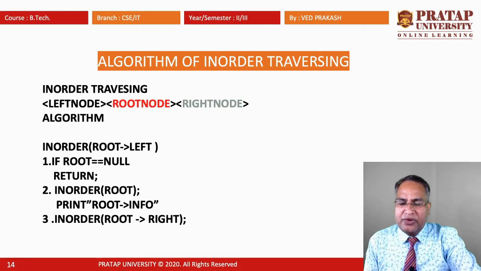Now, if root is null, then we return, and after that we in-order process the root, and when we process the root, we print the info value or data value stored in the root. And after that we in-order process the right-hand side of the root. So that is the mechanism of processing in in-order traversing.